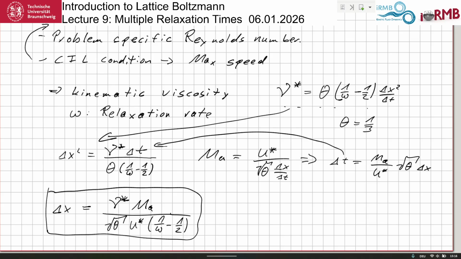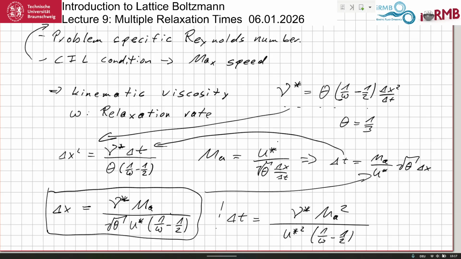We can now put this back into this here and see that a similar relationship holds for the time step. It comes with u squared times 1 over omega minus 1/2.